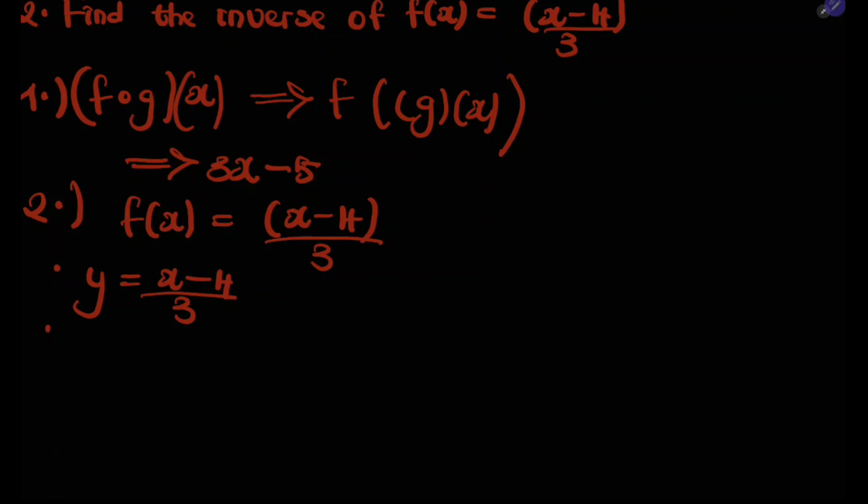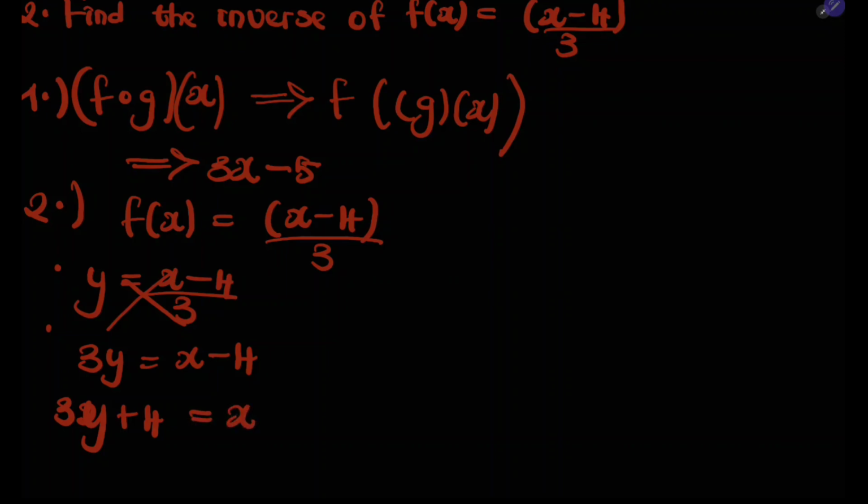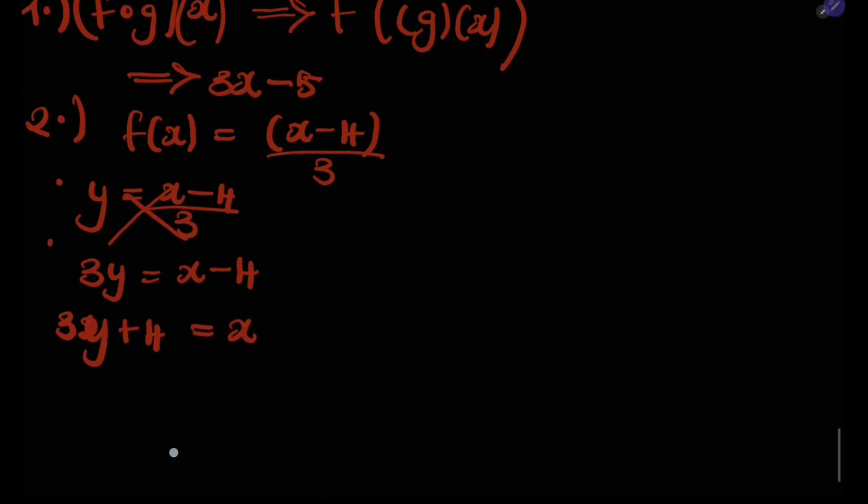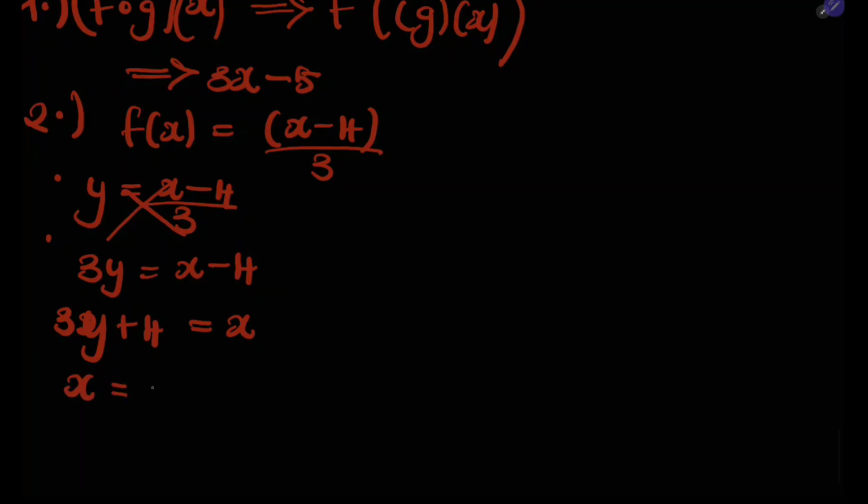So here I'm just solving for y at once. So we're going to do cross multiplication. We're going to have 3y equal to x minus 4. So remember I said we are simply making x the subject of the formula. So we are going to have 3y plus 4 equal to x. So if I just turn this, we are going to have x equal to 3y plus 4. So this is what we have.